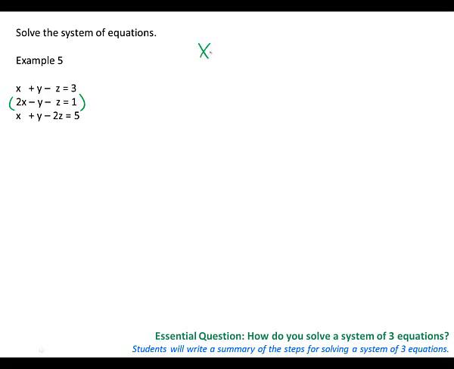All right, so here's what I wanted you to do. We're agreed we're going to start by eliminating y, right? So I'm going to add together the x plus y minus z equals 3. Did you guys notice I put the slash through my z so it doesn't look like a 2?